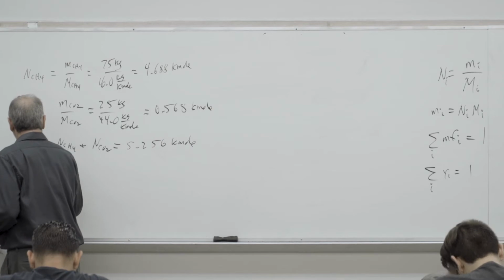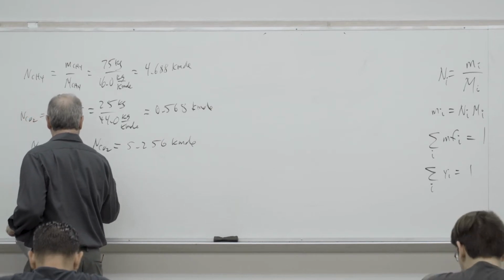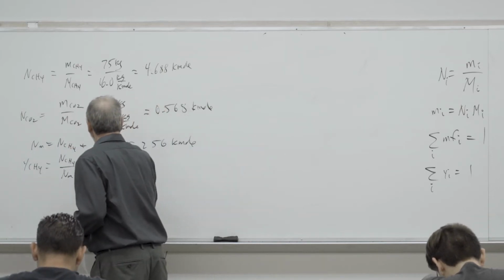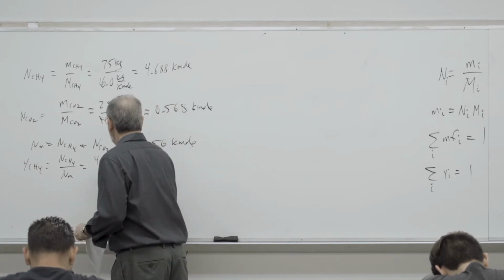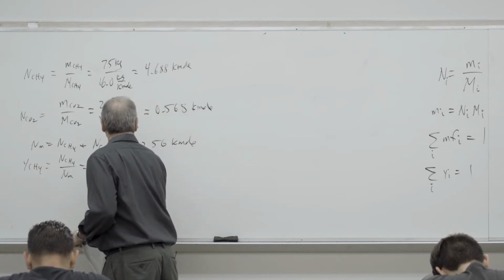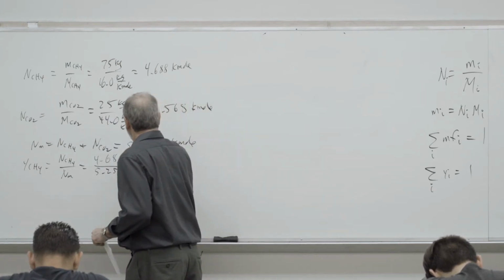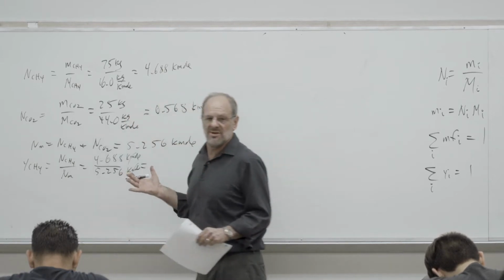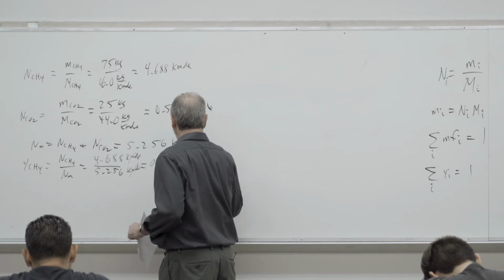So the mole fraction of the methane is the number of moles of the methane over that of the mixture. So just use the data above: 4.688 divided by 5.256. Both of these are in kilomoles. So clearly the units cancel, and we get a dimensionless fraction, which is what we want, of 0.892.